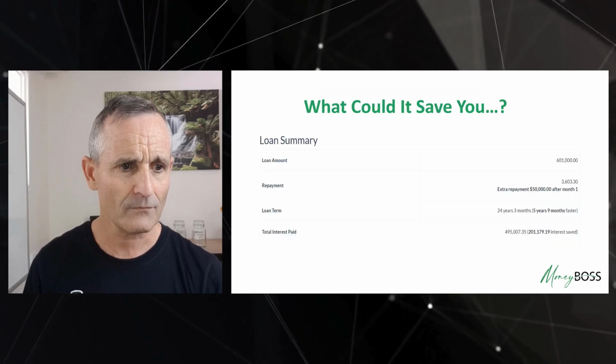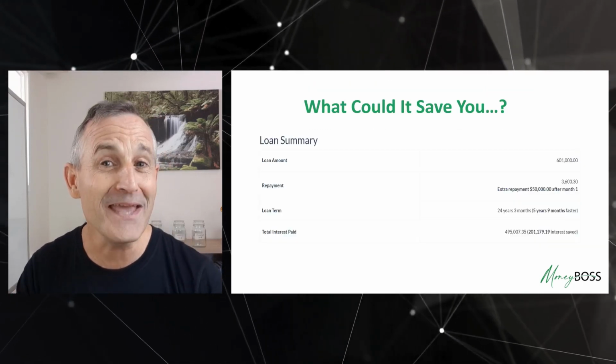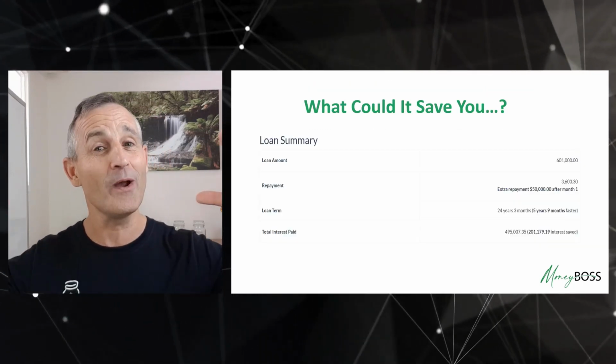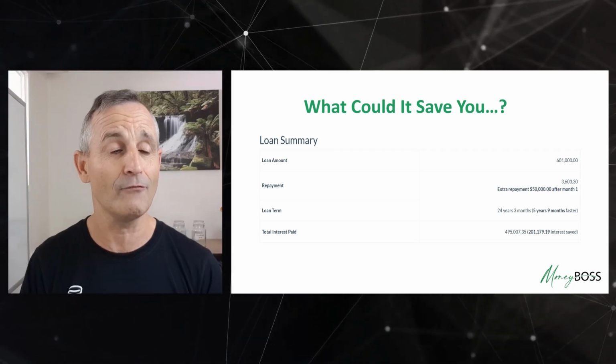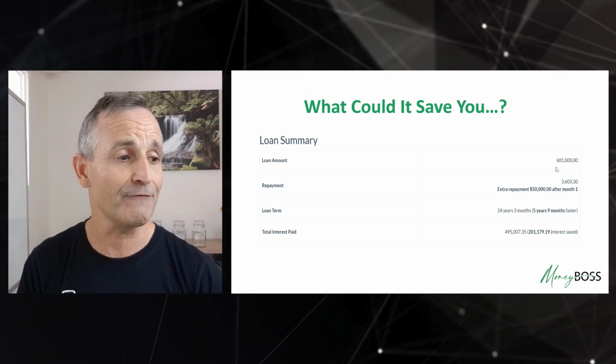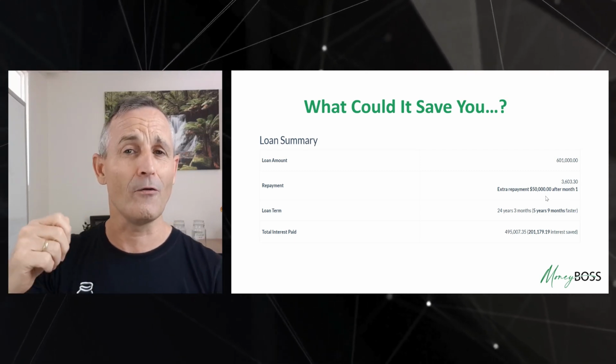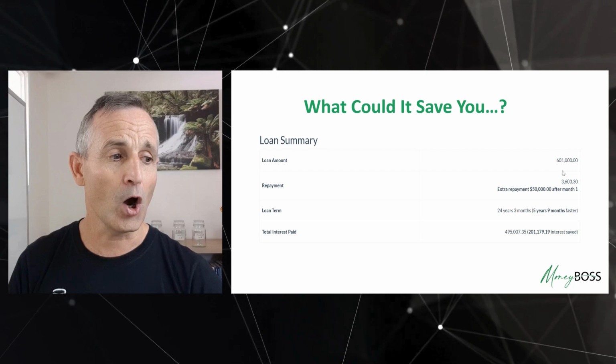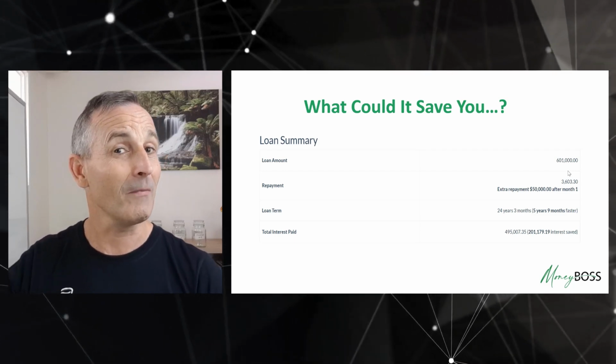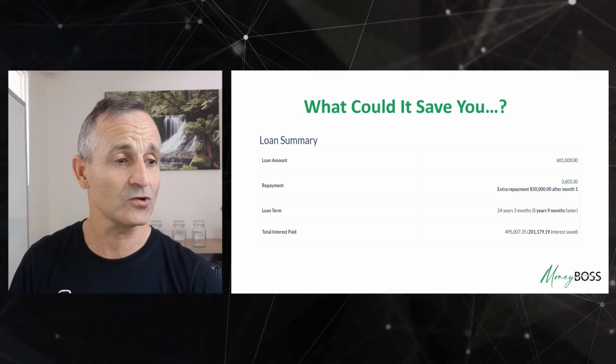Now, let me show you the bigger picture though of this, because this is where it gets really powerful. If I have that $50,000 sitting in my offset account from month one, my home loan is $601,000, my interest is the same 6% we were just talking about.